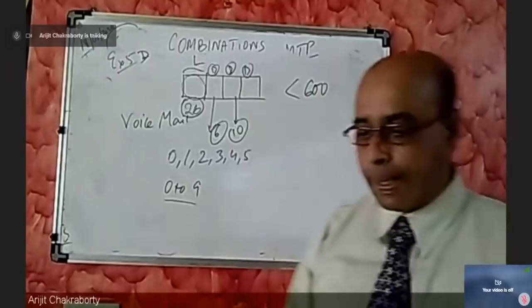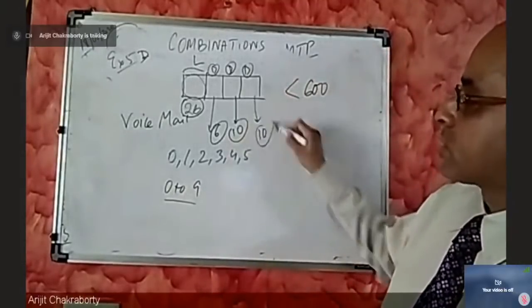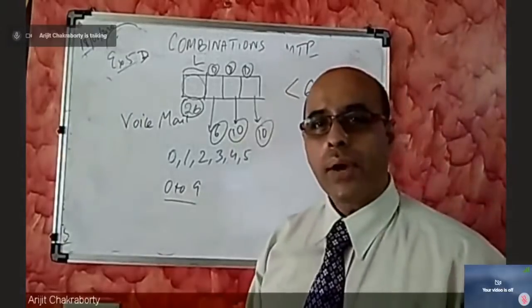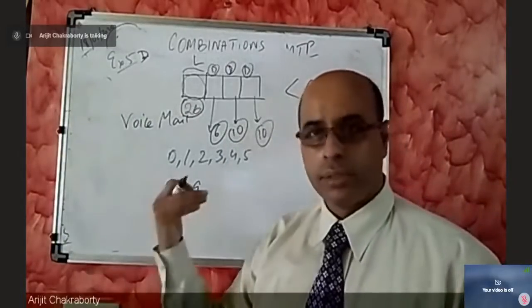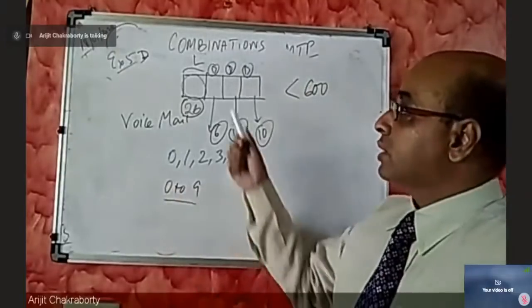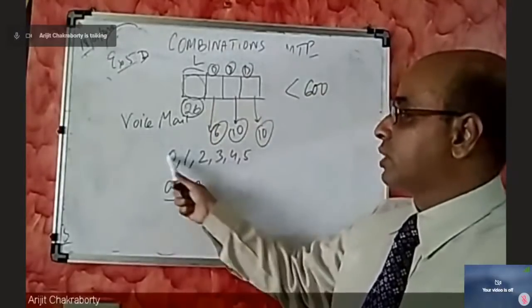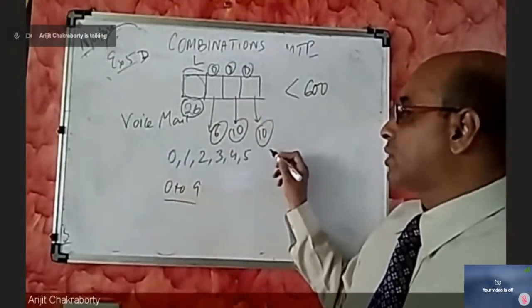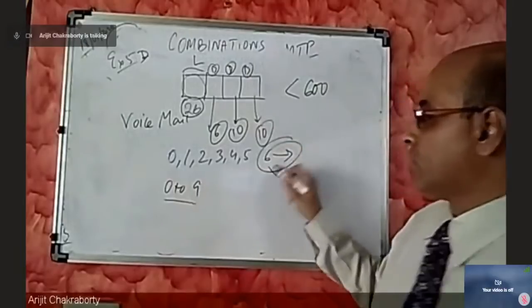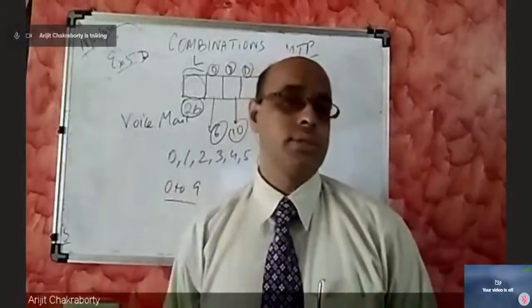Similarly, the last one can also have 10 digits. There may be repetitions also in this case, so the same number can be chosen multiple times. But the first digit you can take out of 0, 1, 2, 3, 4, 5. You cannot take 6 onwards, because if you take 6 here, it will become a 3-digit number more than 600.